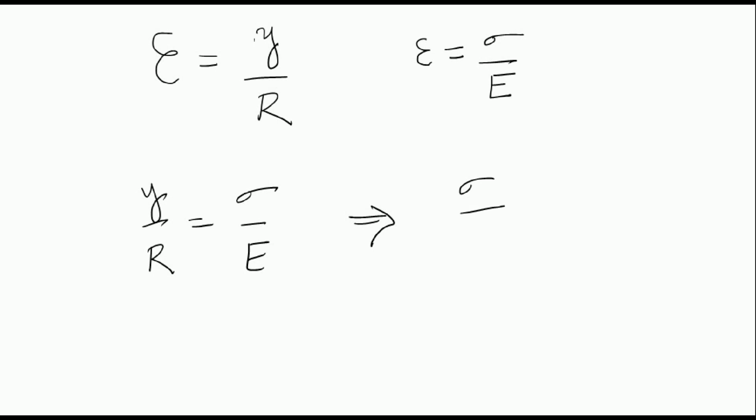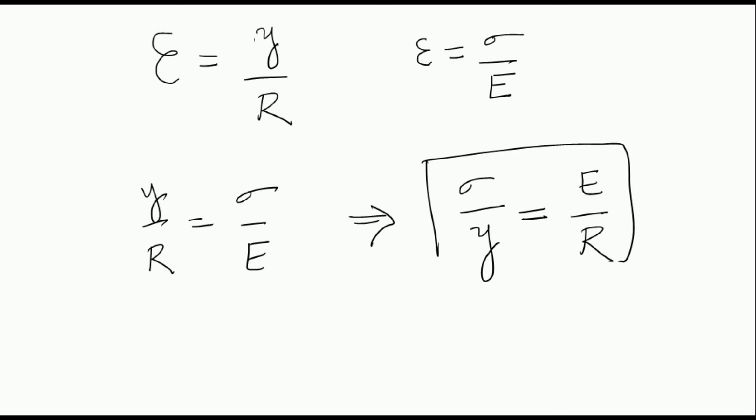So sigma by Y equals E by R. This is the first half of your bending equation.